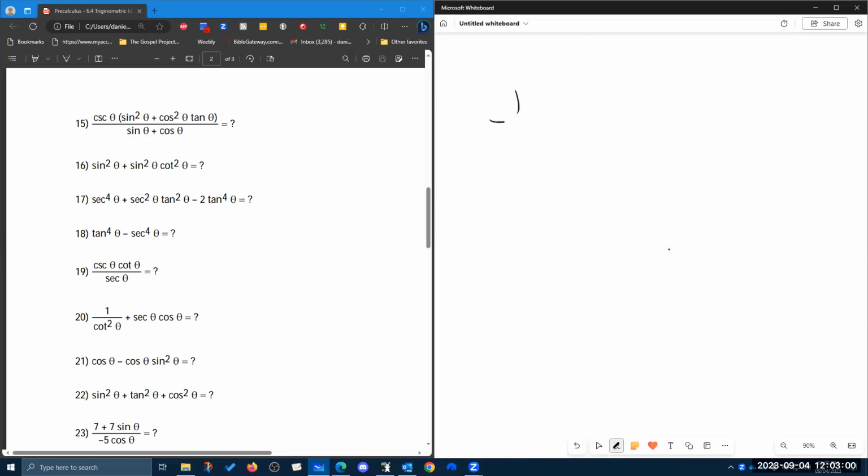Now we've got 1 over cotangent squared plus secant times cosine is going to be 1 over cotangent squared plus 1.